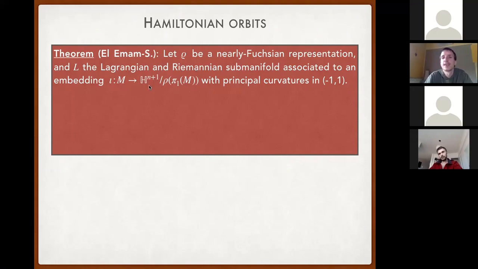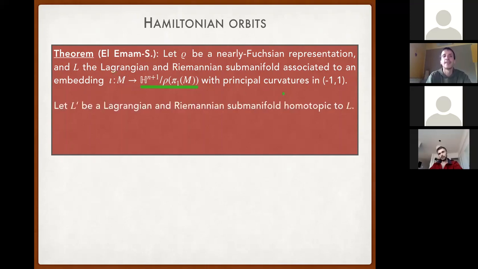By definition rho is nearly-Fuchsian, and we have one embedding with principal curvatures minus 1, 1, and therefore this gives in the space of oriented geodesics something which is Lagrangian and Riemannian. Now let's pick another submanifold in the space of oriented geodesics, in R rho more precisely, in the quotient of the space of oriented geodesics, which is again Lagrangian and Riemannian.